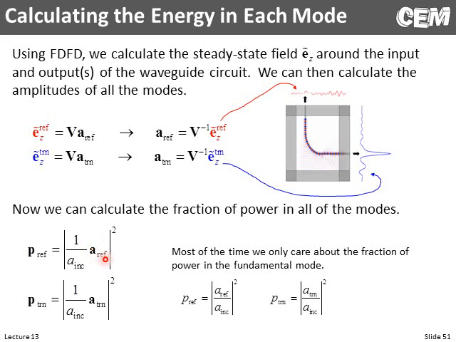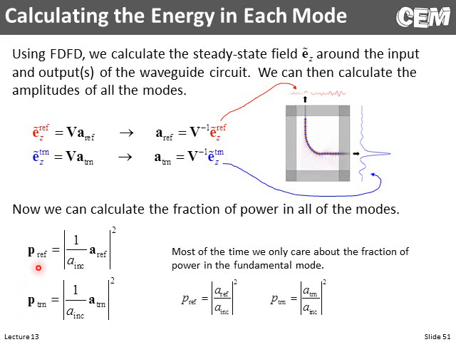So given all the amplitudes of the reflected modes and the amplitudes of the transmitted modes, we can use this equation and come up with a column vector that tells you how much power, relative power, is in each of those modes. And by relative power, if there's a 10% there, that means 10% of the initial guided mode went into the particular mode that we're talking about. So we have a column vector of powers in the reflected modes, column vectors of power in the transmitted modes.